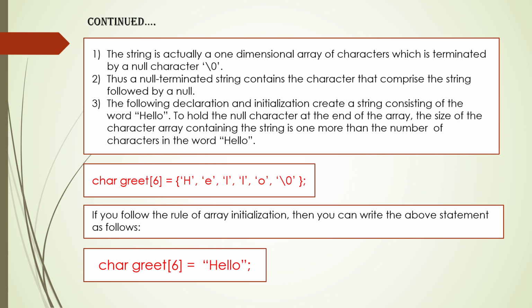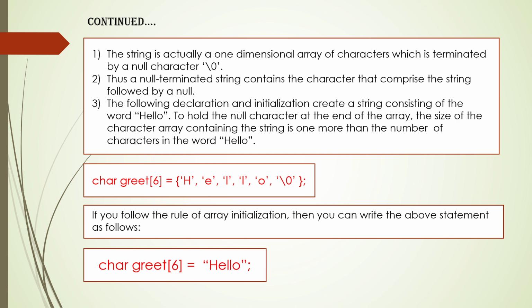Hello comprises 5 characters, but here the string will contain 6 characters, the one additional being the null character. See the example I have mentioned here. If we follow the rule of array initialization, then we can declare the string the same way. See the example here.